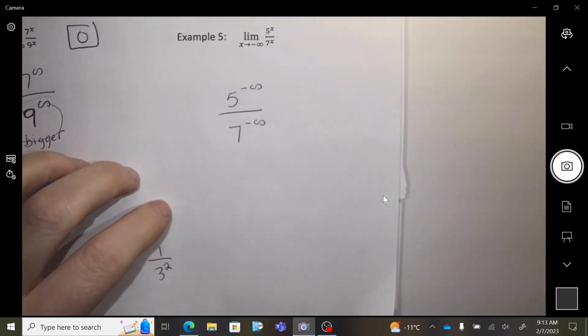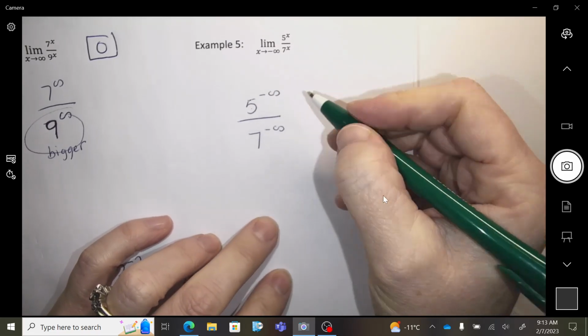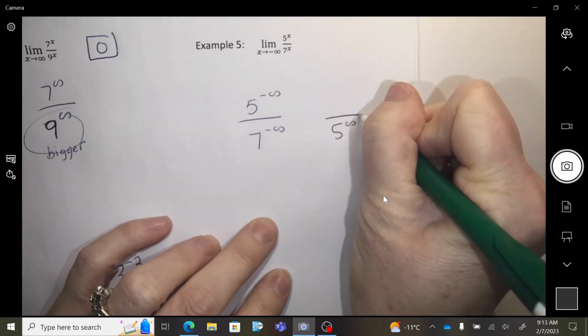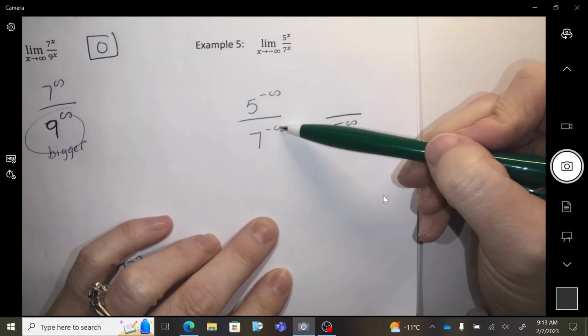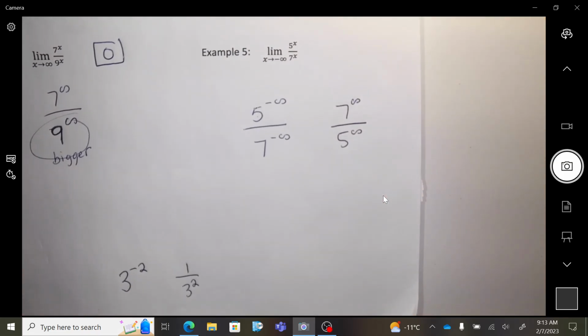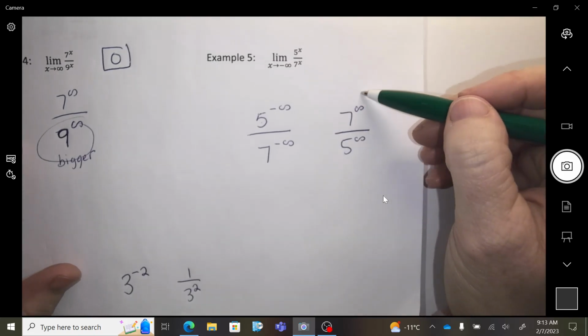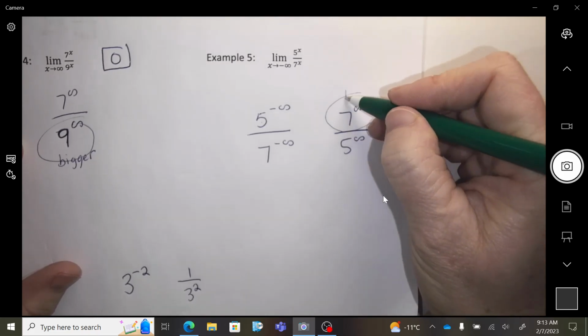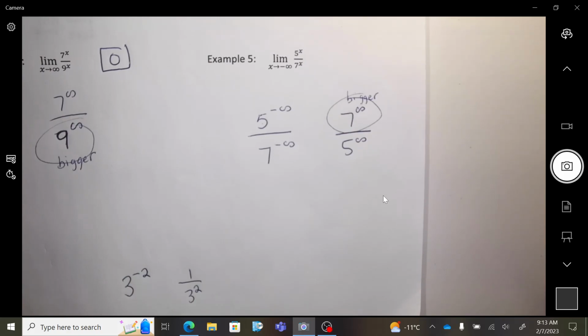Now, if this is a negative exponent, I'm going to move it to the bottom. And then the 7 could get moved because it had a negative exponent, so when I move it to the top, now I'm going to say that the top number is bigger.